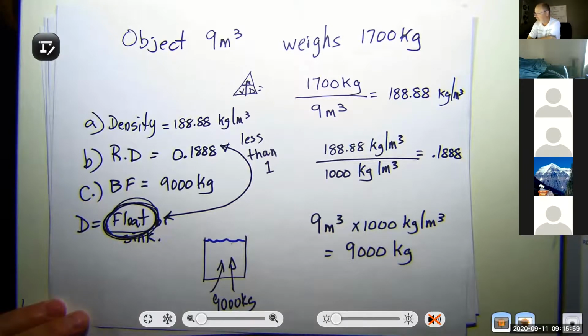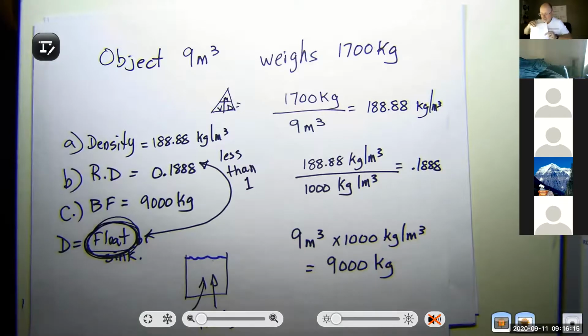How did you know to times the 9 by 1,000 instead of dividing? Well, that's a great question. Because the object has a volume of 9 cubic meters, I'm always going to multiply to find the buoyant force. I believe we wrote that down. Oh, it's a times. I think I put divide there last time.